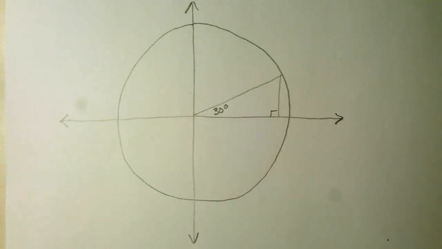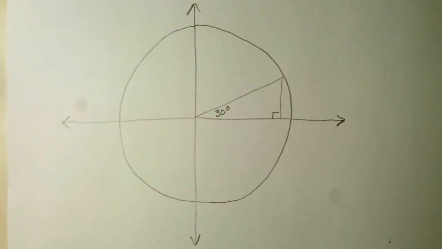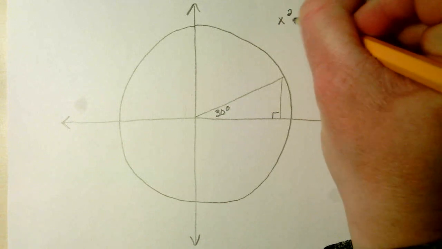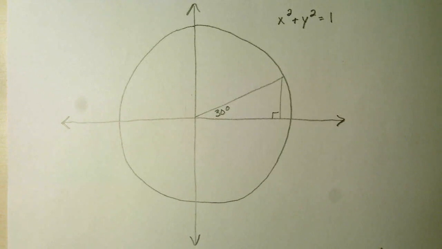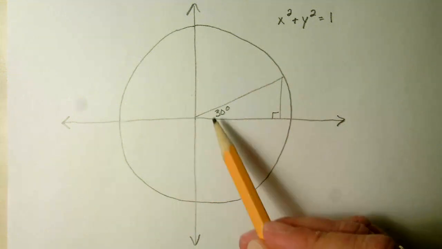So in my next figure, I drew a unit circle. Hopefully you are remembering a unit circle has an equation x squared plus y squared equals 1. So that means it's a circle with center 0, 0, and it has a radius of 1.